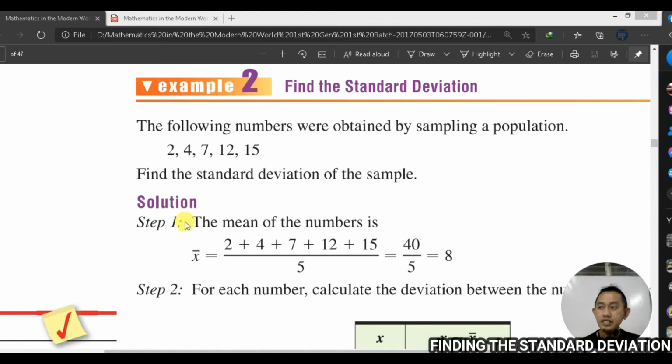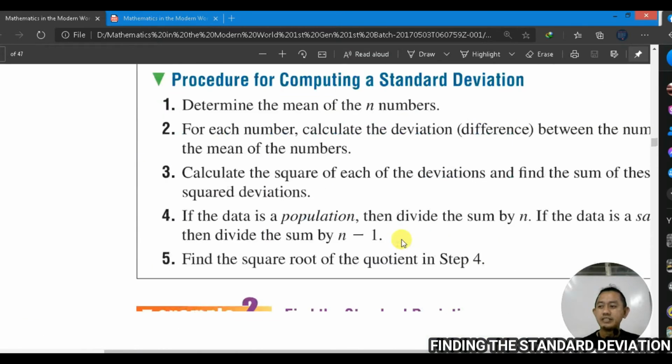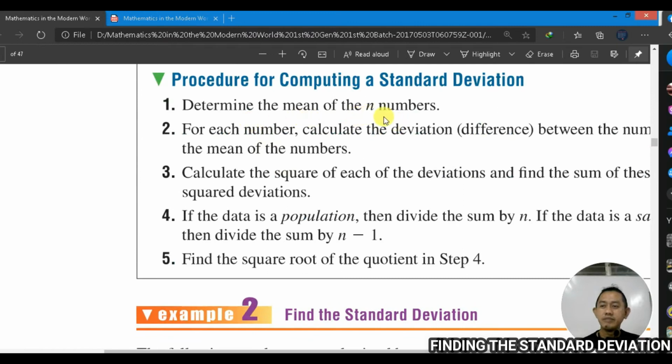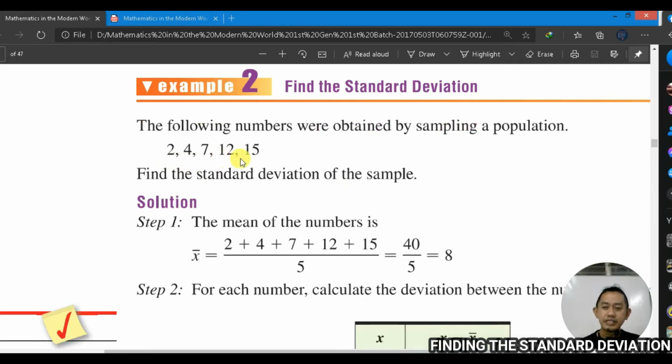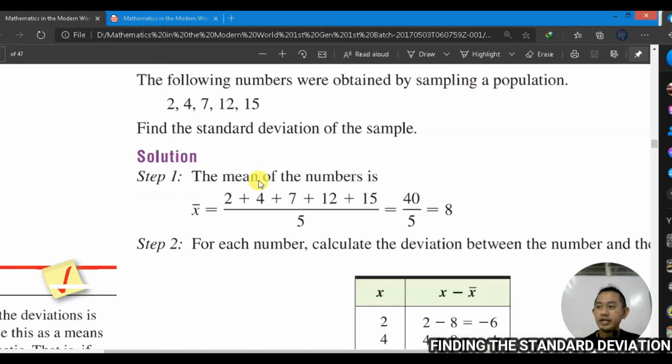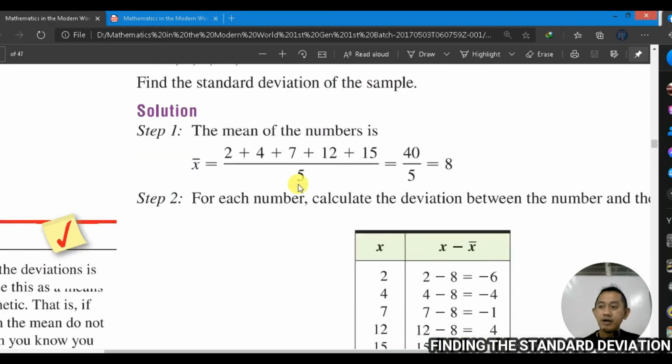Now, step 1, the mean of the numbers. Unsa day step 1? Ang step 1 dito kay determine the mean of the n numbers. Unsa ang n? Pa kabalo, pila ka buok imong data sa imong data set. So pila ni siya: 1, 2, 3, 4, 5. So there are 5, ang imong n.